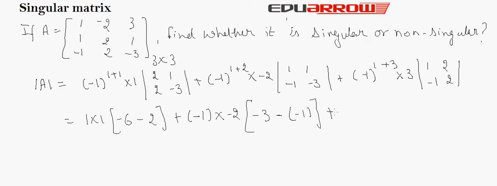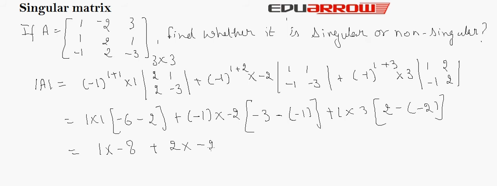plus minus 1 to the power 4, which will come out 1, into 3 into 2 minus of minus 2, is equal to 1 into minus 8. Minus 1 into minus 2 is equal to 2, plus 2 into minus 3 plus 1 is minus 2, plus 3 into 2 plus 2 is equal to 4.